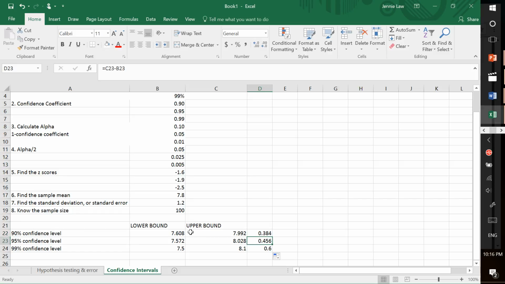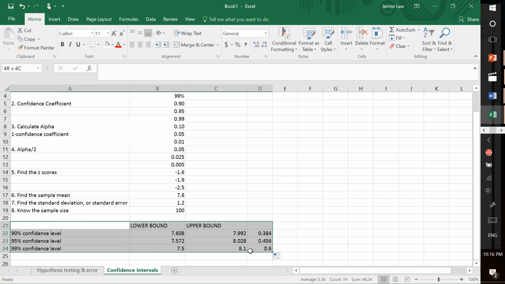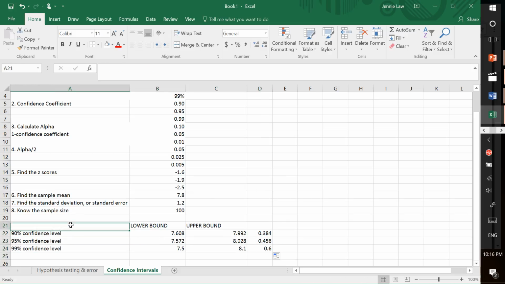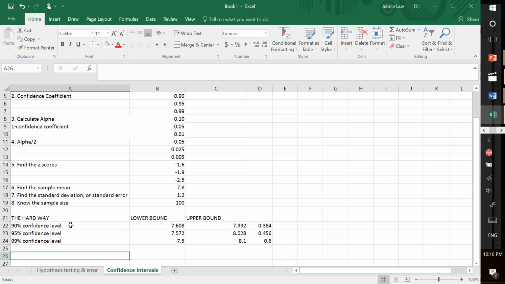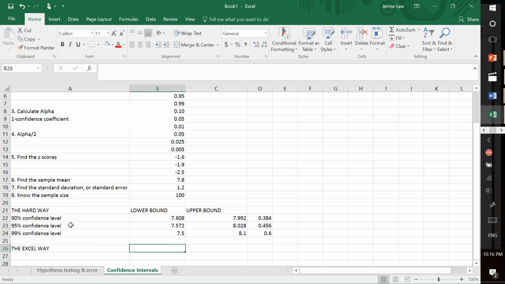So that's the way to do it using the formula. We can actually get the same exact results. I'm going to label this the hard way, and this will be posted on the course Blackboard site so that you can see the formulas that I have here. And I'm going to show you the Excel way. Okay, so with the Excel way, we need a few things.